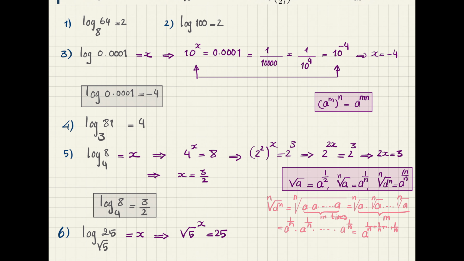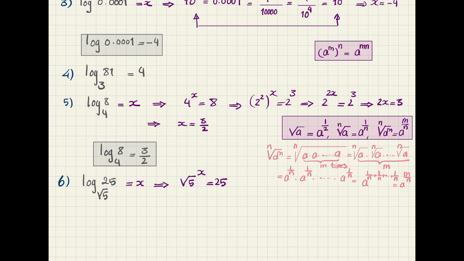But I am adding the same number 1 over n m times. So this is nothing except a to the power of m over n. So if you're interested to see why this formula is also correct, you can see this according to what I mentioned here. Okay, so now you see that this is extremely important to remember.